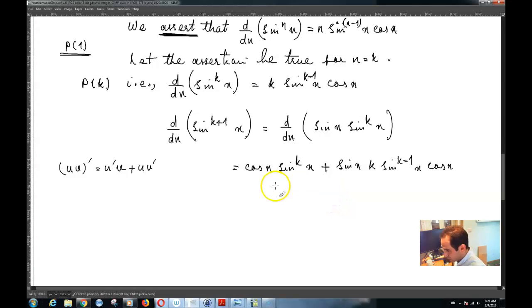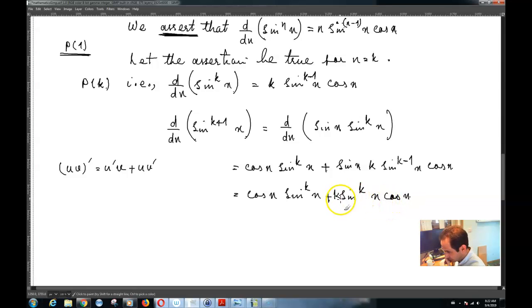So this equals cos x sine raised to the power k of x plus sine of x times sine raised to the power k minus 1 of x, which is sine raised to the power k of x times k times cos x.